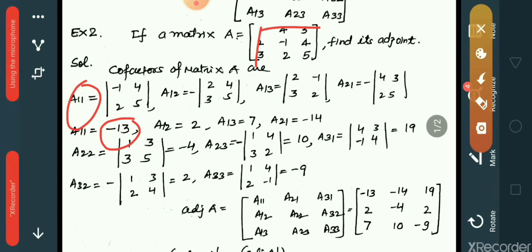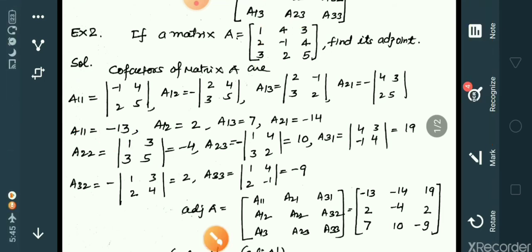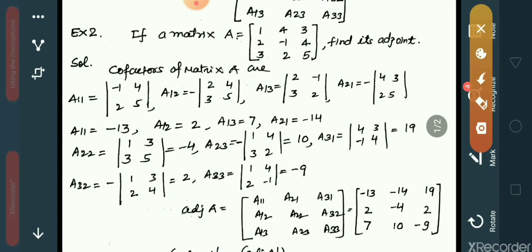Now for A12, we strike out the second column and first row. So we get the determinant 2, 3, 4, 5, and it will be negative because 1 plus 2 is odd. Now after expanding this determinant, we get A12 is equal to 2.